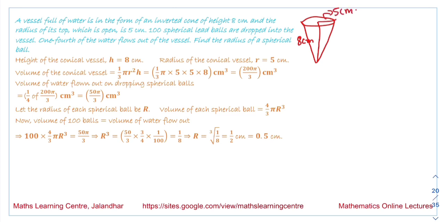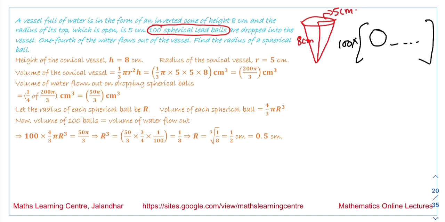This is the radius of the top. 100 spherical lead balls are dropped in this vessel, and 1/4 of the water flows out of the vessel. So if suppose the volume of the water in the vessel is Vc, then 1/4 of this water comes out. The water that flows out is 1/4 times the volume of this vessel.